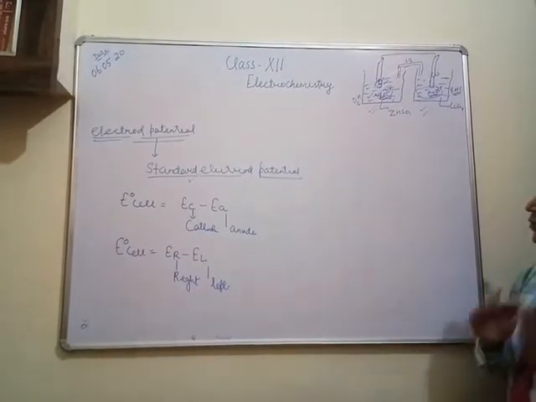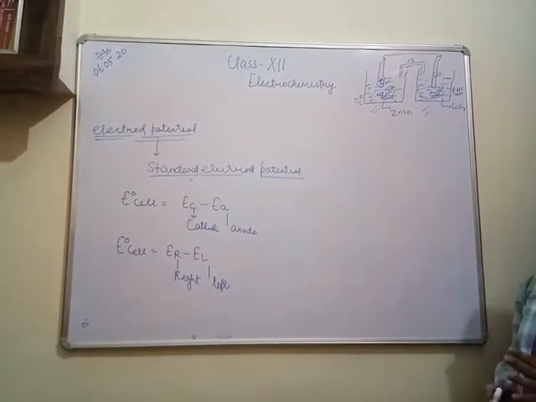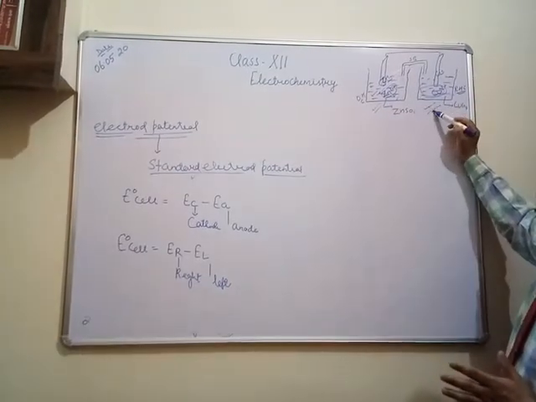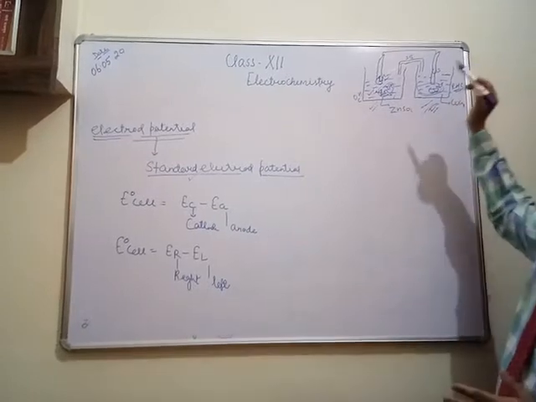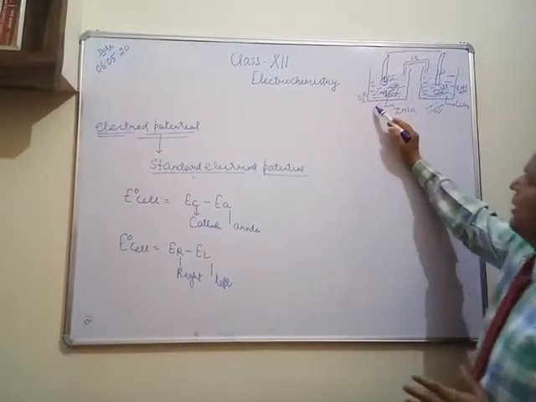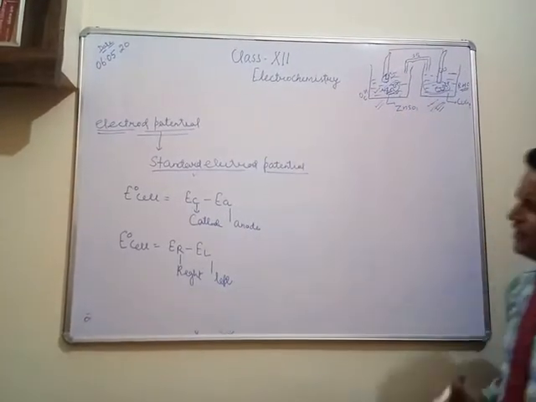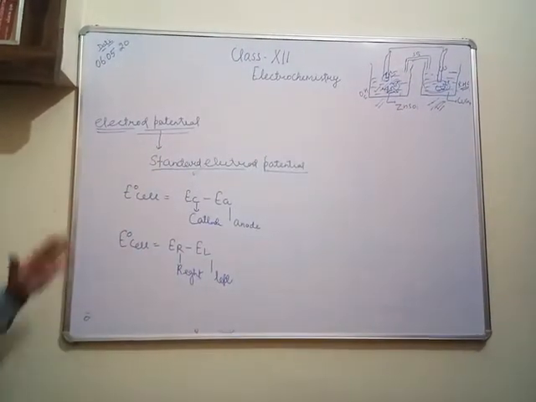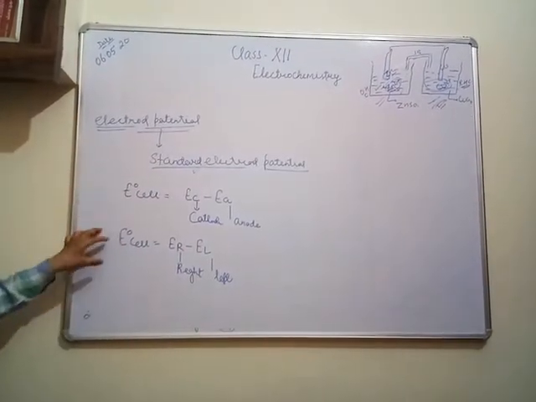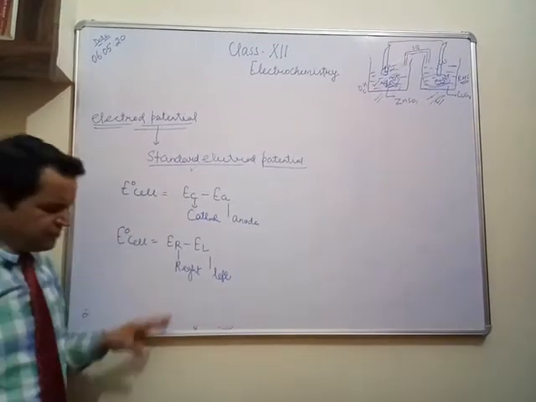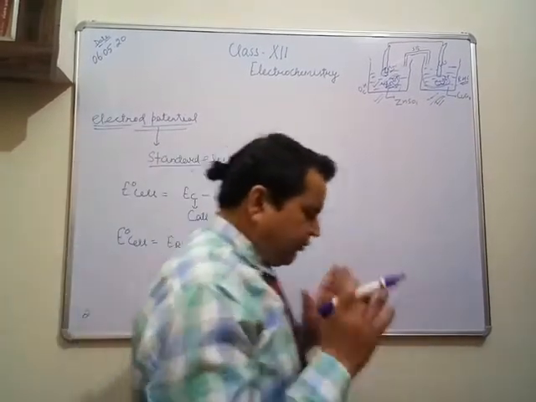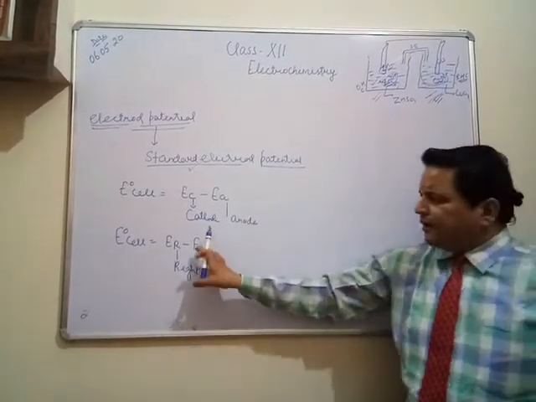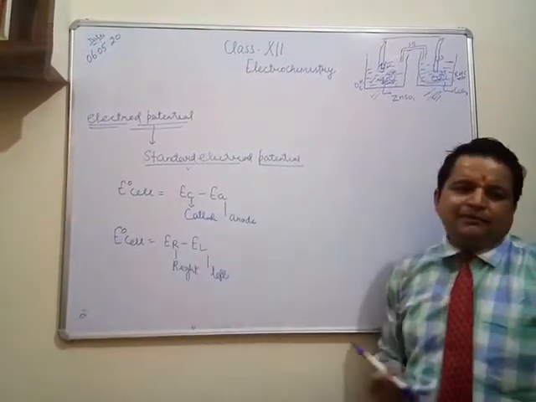As I told you when I was explaining the galvanic cell, on the right hand side there will always be the reduction half cell and on the left hand side there will be the oxidation half cell. That's why the standard reduction potential of any particular cell is always determined by the difference of these electrodes, which can be written as EC minus EA or ER minus EL.